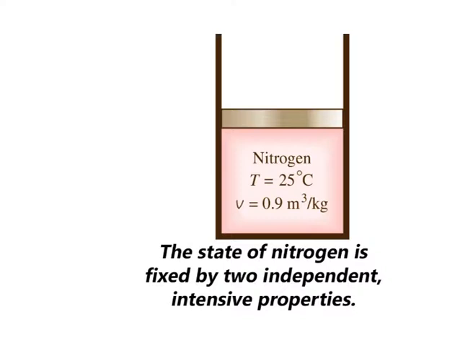At sea level, that is P is equal to 1 atmosphere, water boils at 100 degrees centigrade, but on a mountain top where the pressure is lower, water boils at a lower temperature, that is T is equal to f(P) during a phase change process. Thus, temperature and pressure are not sufficient to fix the state of a two-phase system. We shall be discussing phase change processes in detail in further lectures.